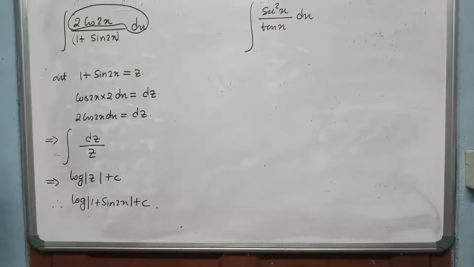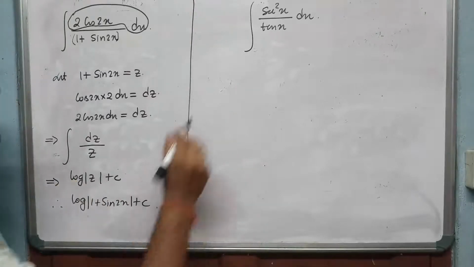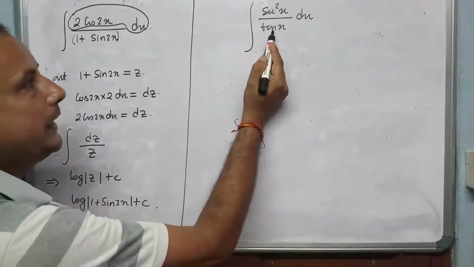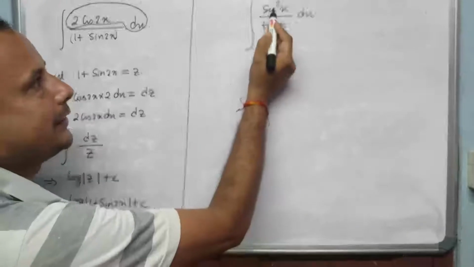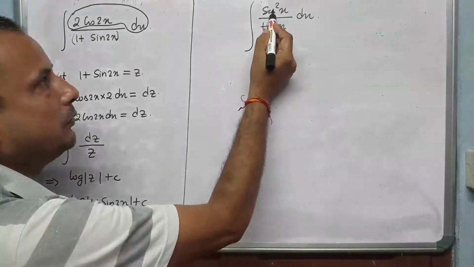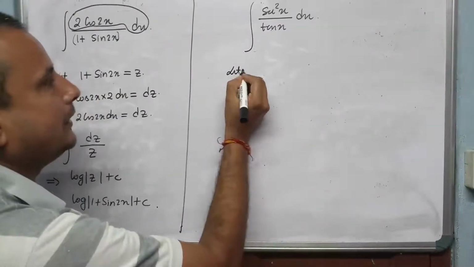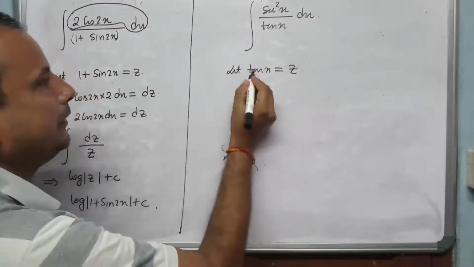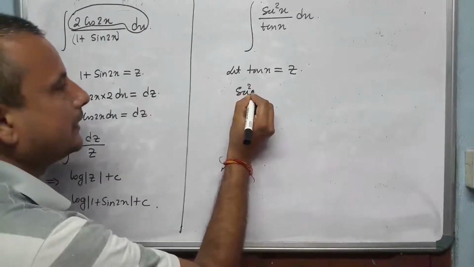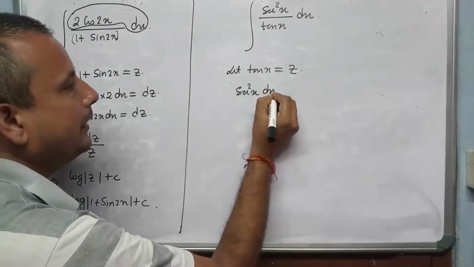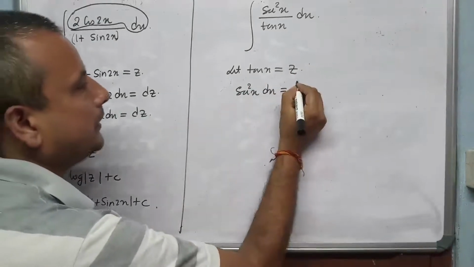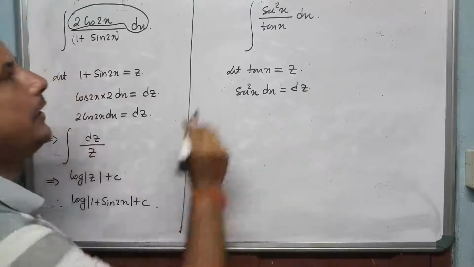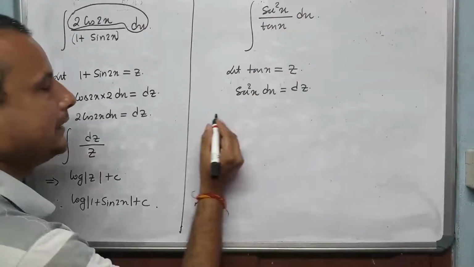The second question, now say the same type of question. The derivative of the denominator, the derivative of tan x, is sec square x. Its derivative is present over here. So I'll consider let tan x equals to z. The derivative of tan x is sec square x, and for the derivative of x I'll write dx in case of an integral, equals to dz. Now the value of sec square x dx is dz.